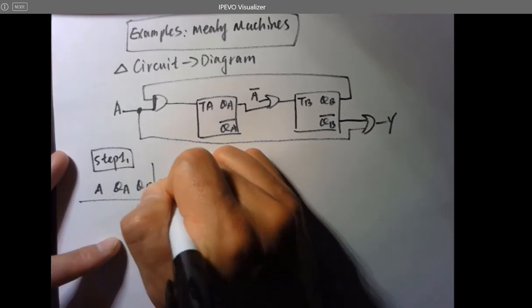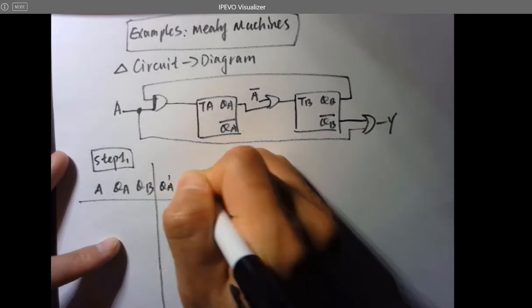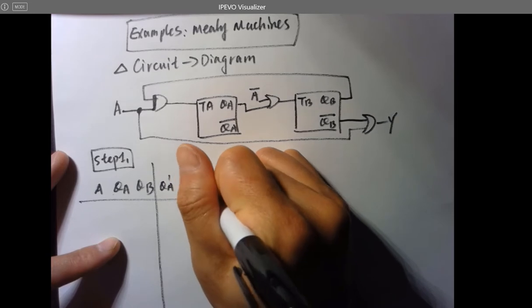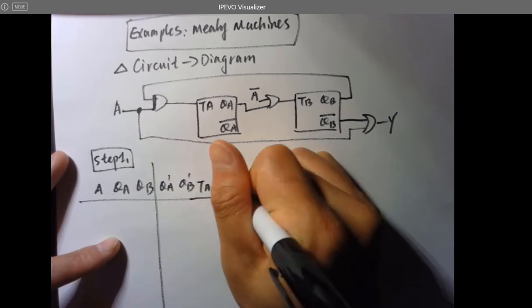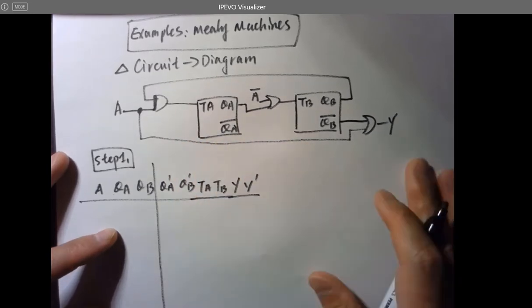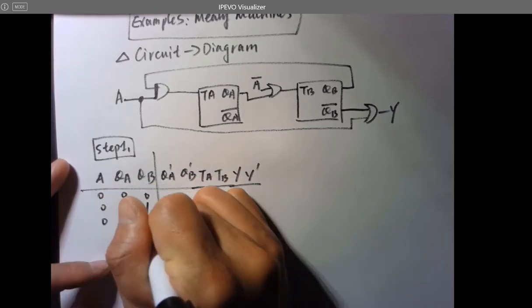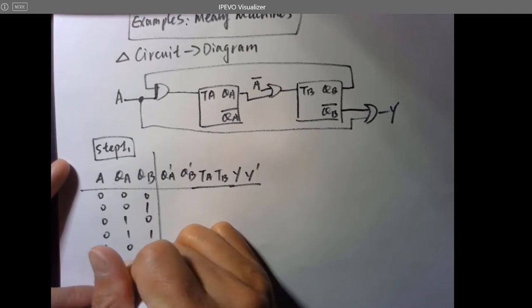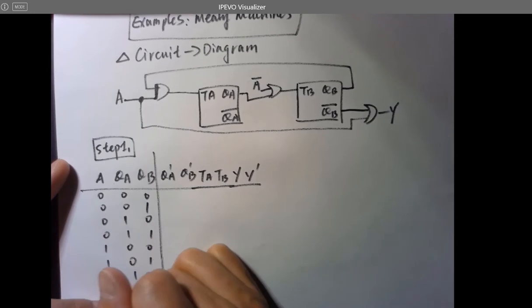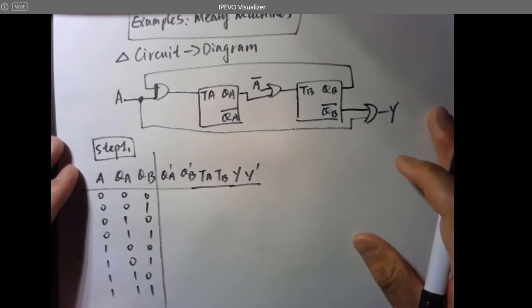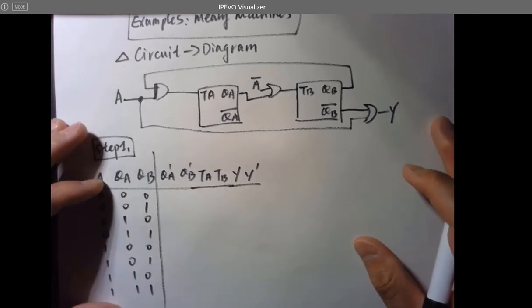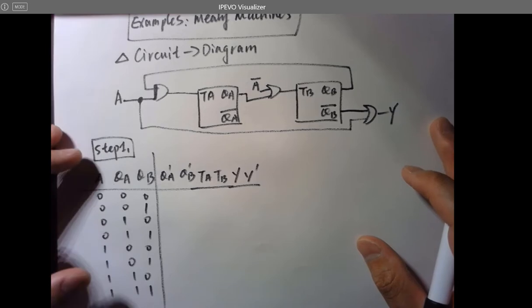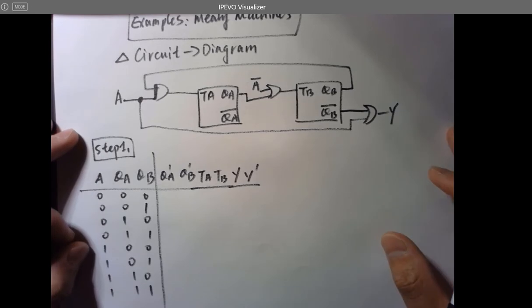You've got QA next state, QB next state, TA, TB, Y prime, the same combinations. And what's the next step? I have to find out the truth table.